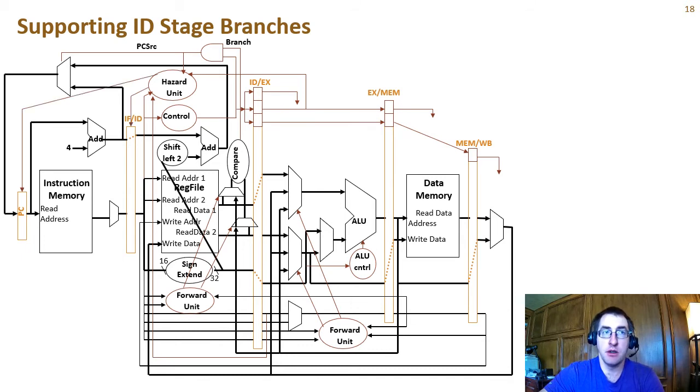And then the hazard unit needs to be able to stall the fetching, and it also needs to be able to insert bubbles into the pipeline. And the IF.flush signal to control squashing the next instruction after the branch is needed in case a branch is taken. We'll flush only one instruction following the branch instruction for a taken branch.